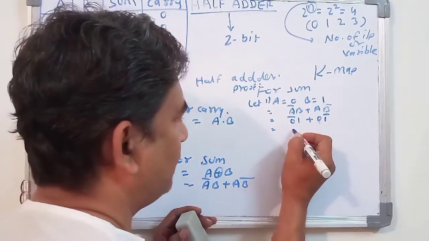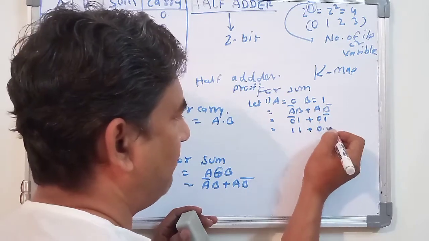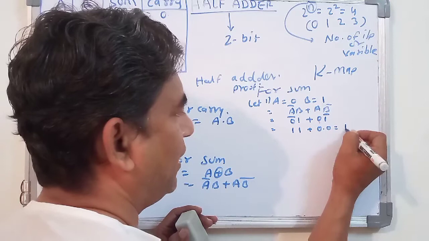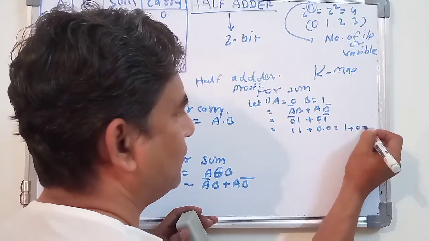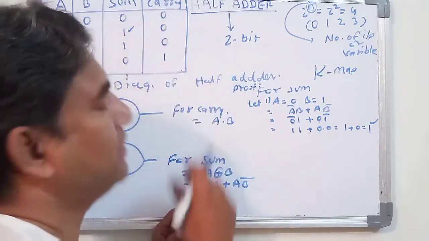So 0 bar is 1, 1 multiplied by 1 plus 0 multiplied by 0. So 1 into 1 you get the value 1, plus 0 is equal to 1.